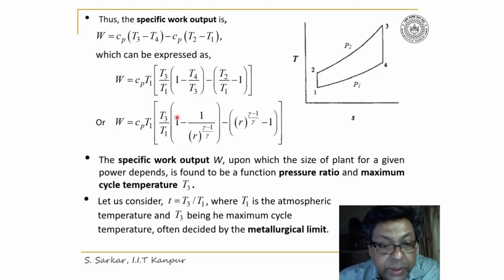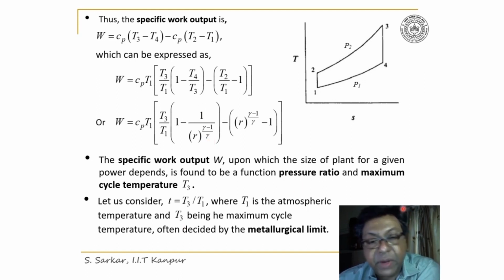Now look here, T4 by T3 can be expressed as 1 divided by R to the power gamma minus 1 divided by gamma, and T2 by T1 is equal to R to the power gamma minus 1 by gamma.